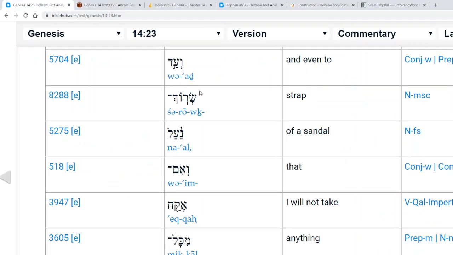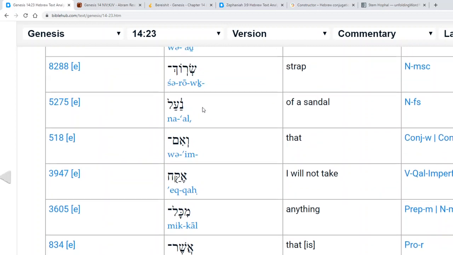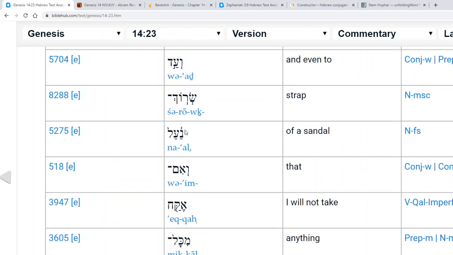Sroch na'al, right? So it's in the construct form. Sroch is written with a vav completely, which, I mean, whatever. Sroch na'al, it's in the construct form with na'al, which is a shoe or a sandal, right? And that shows up many times in the Bible.